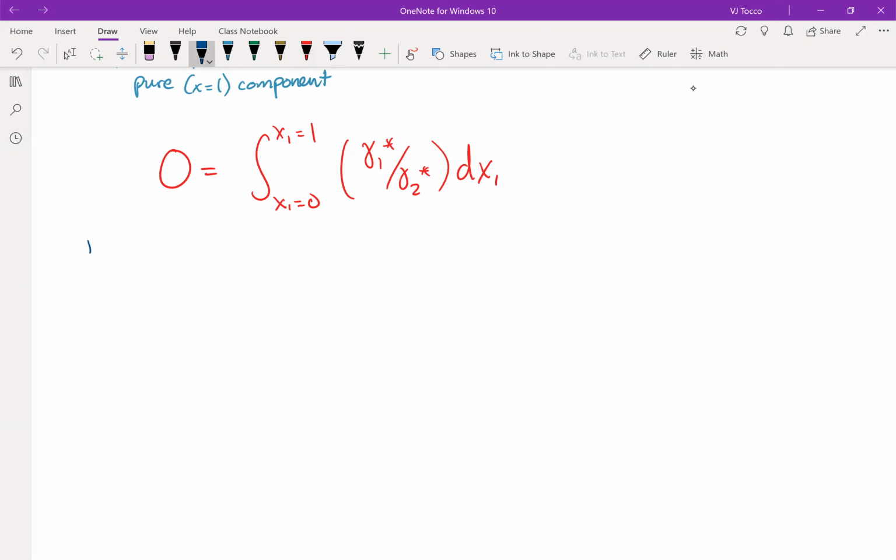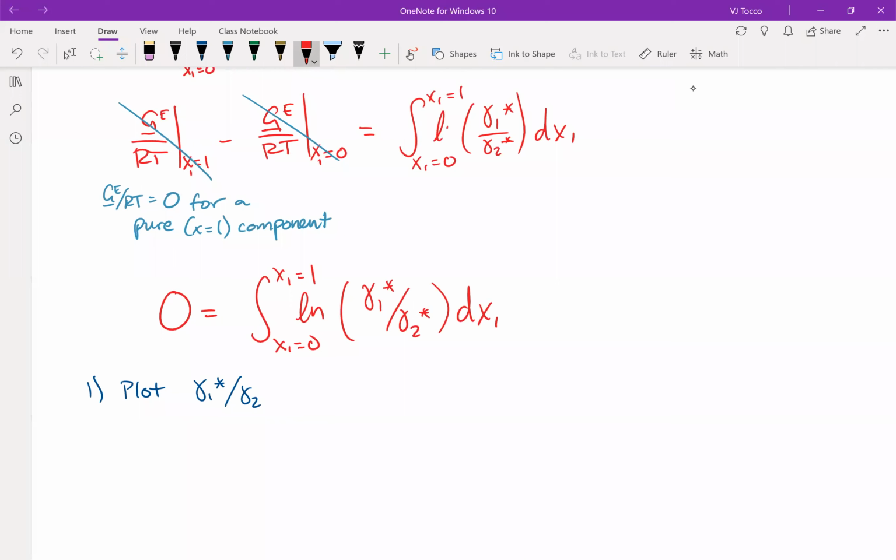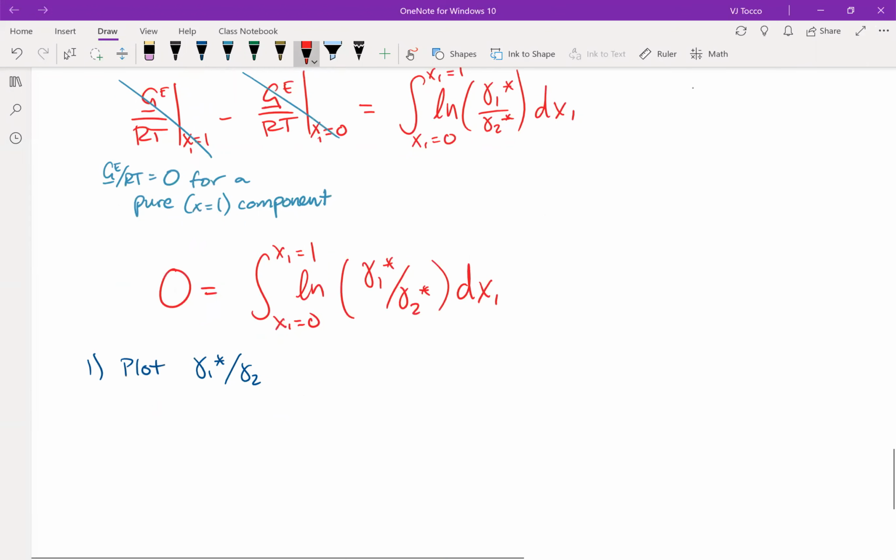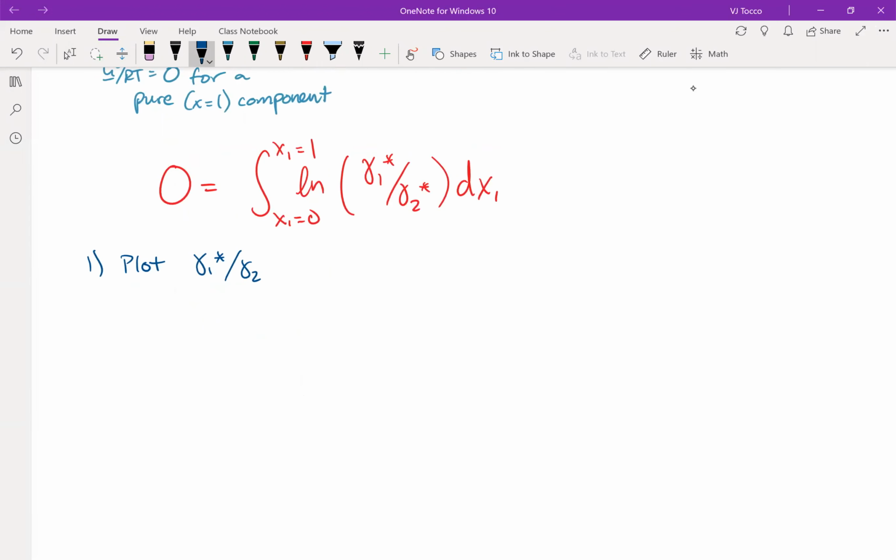So the steps are: 1, plot ln of gamma 1 star over gamma 2 star. Oh, sorry, I'm missing an ln here. I dropped that. It's got to be ln. Plot ln(gamma 1 star over gamma 2 star) versus x1 for a range of x1 equals 0 to x1 equals 1.